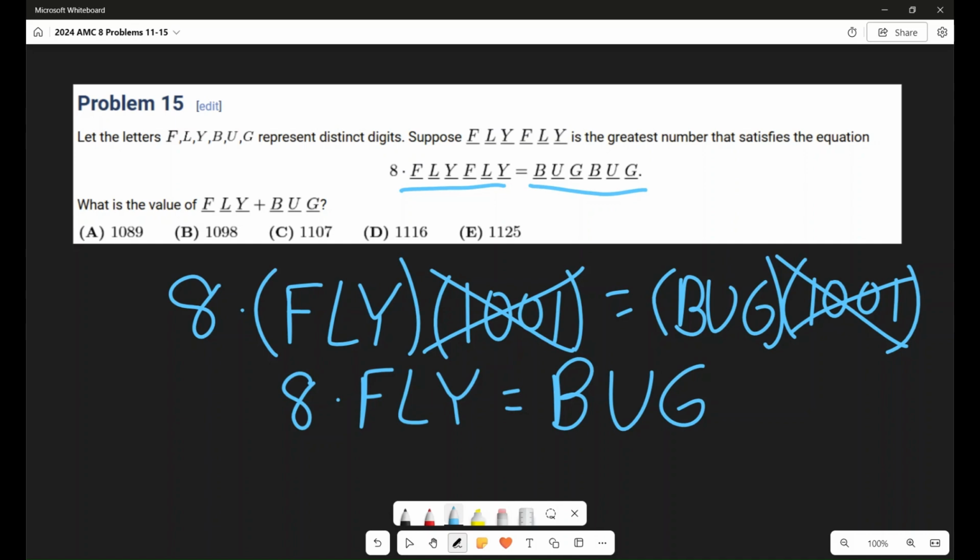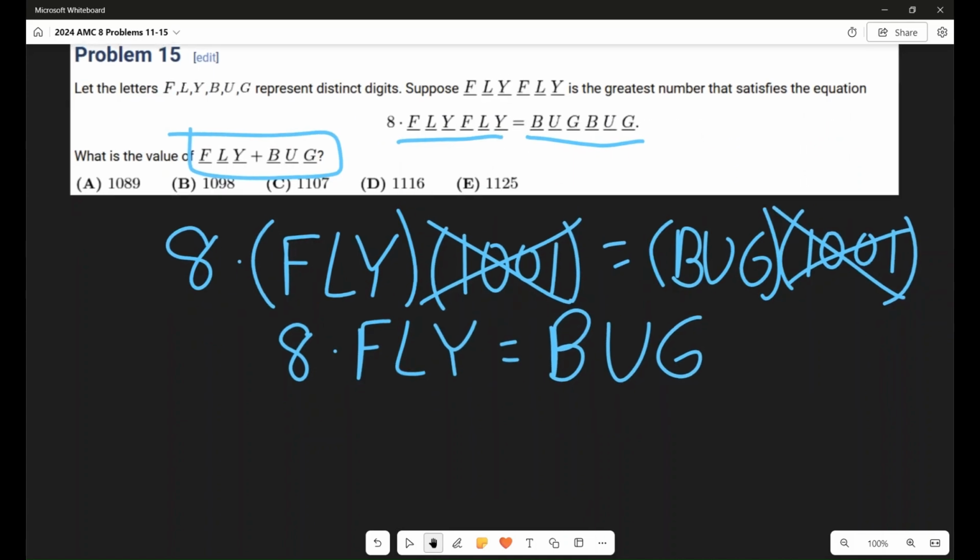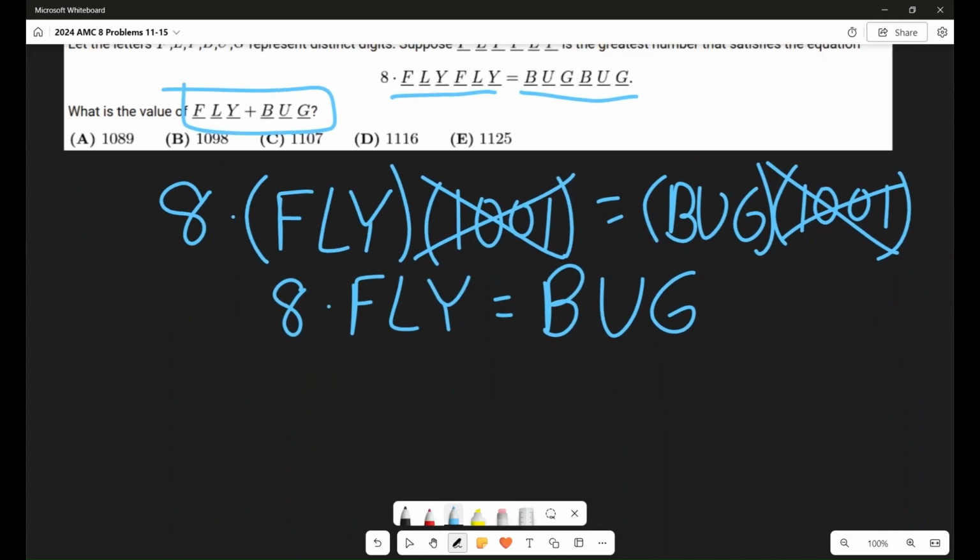And now we're stuck. So when we're stuck, let's think about how we can use our answer choices. And let's also think about what we're actually looking for. We're not looking for FLY or BUG. We're looking for their sum. So let's think about what their sum would come out to be.